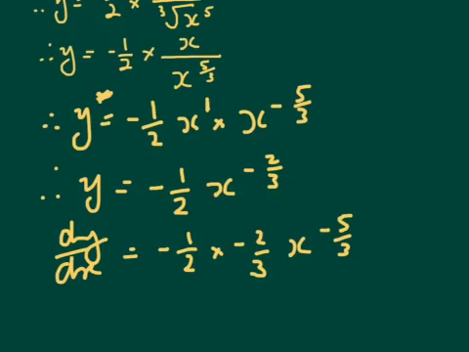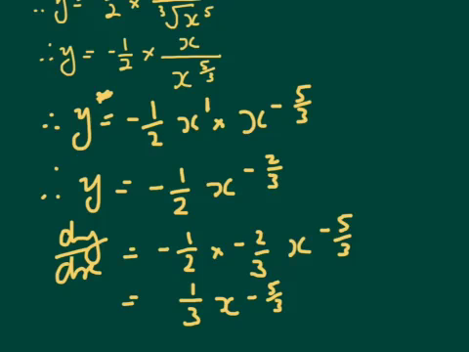So we're kind of back to here again, aren't we? And what does all that equal? Well, negative 1 times negative 2 is 2, and 2 times 3 is 6, so 2 on 6 is 1/3, and x to the power of negative 5 on 3.